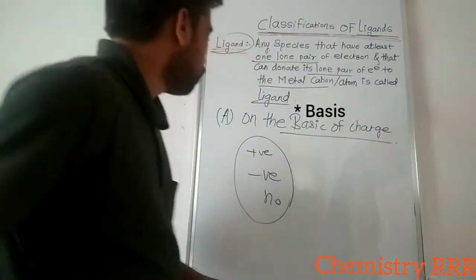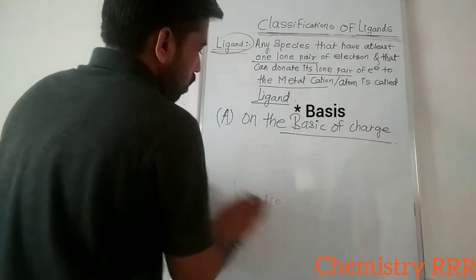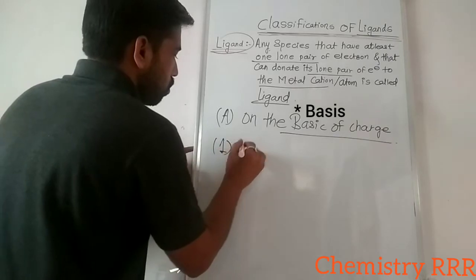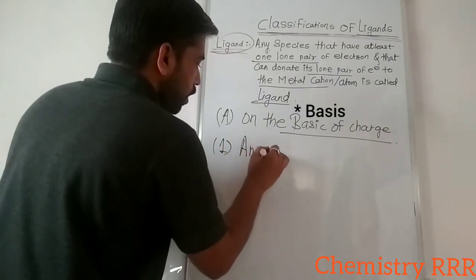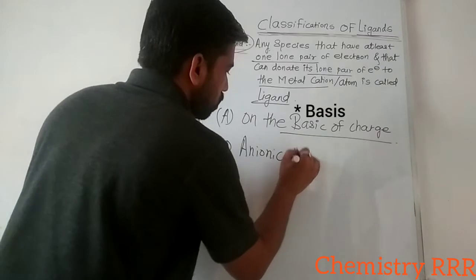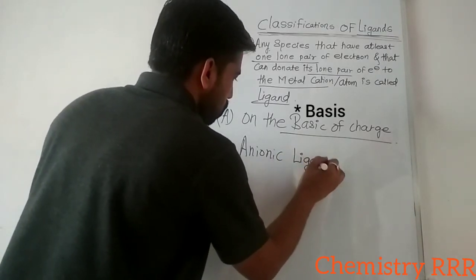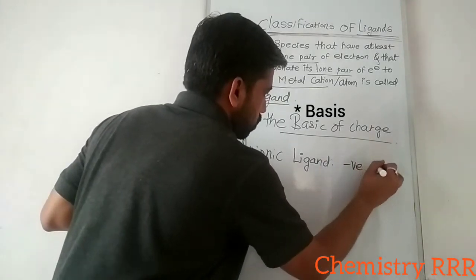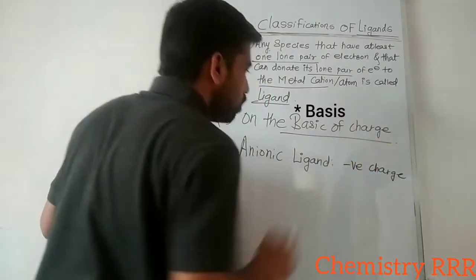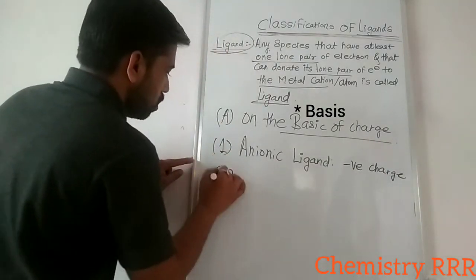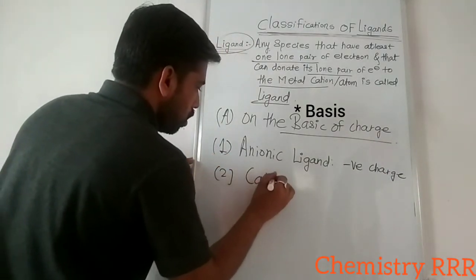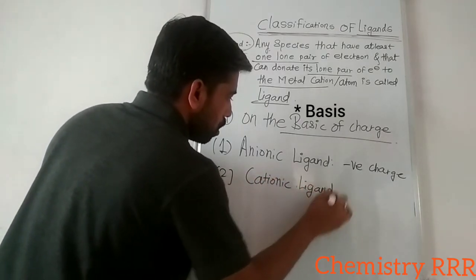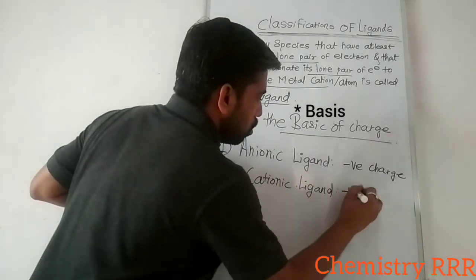Now which category? The first one is anionic ligands: ligands having a negative charge. The second is cationic ligands: in this category, ligands have a positive charge.